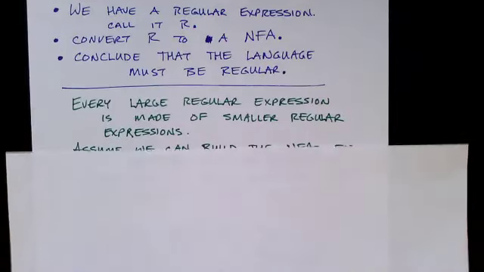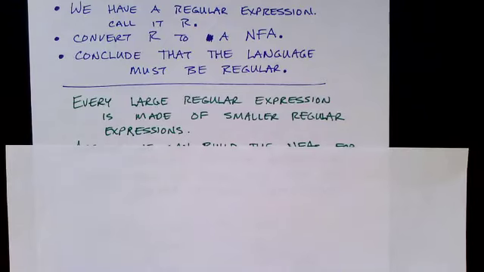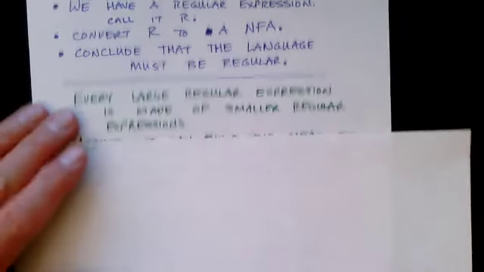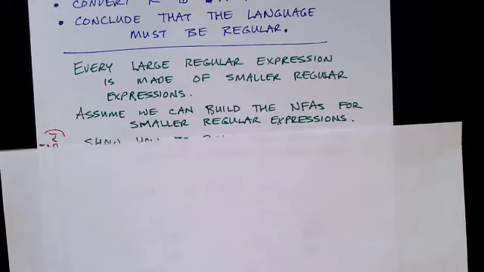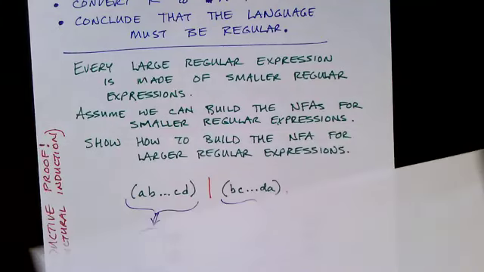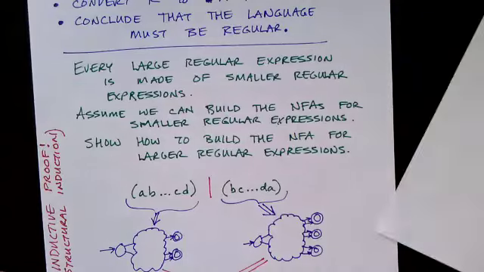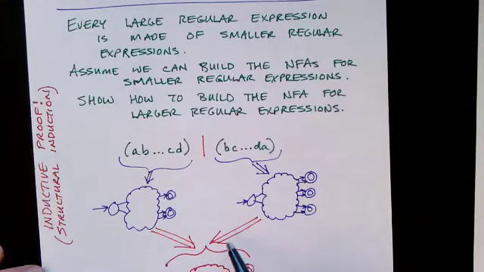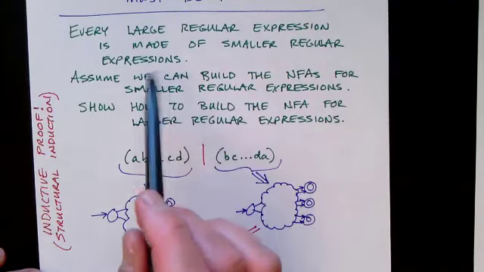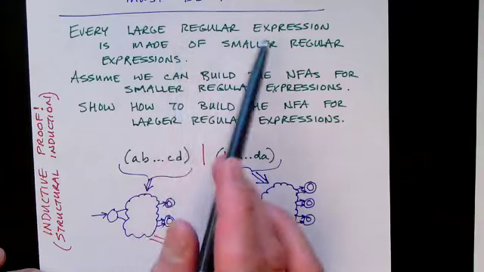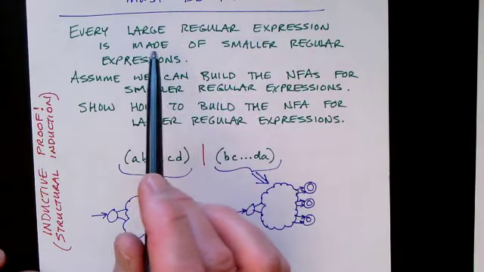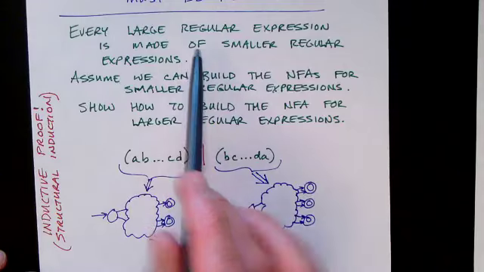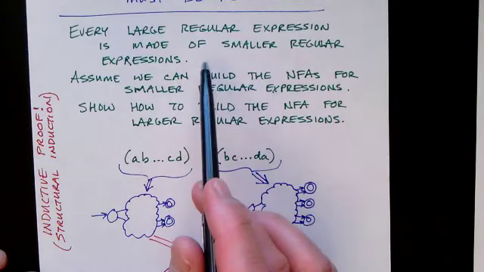Remember that every regular expression is made of smaller regular expressions. These regular expressions are syntactic entities, sequences of symbols. And so our proof is a proof by construction. We're going to show how to construct the non-deterministic finite state machine. For every large regular expression, there's an outermost operation that joins one or two smaller regular expressions.